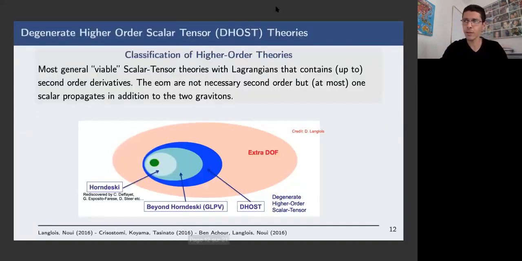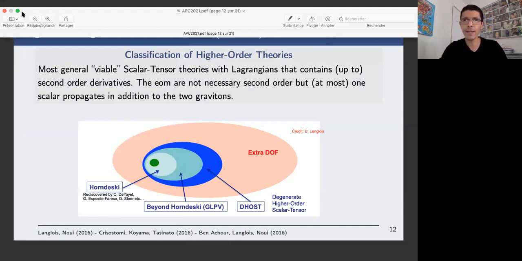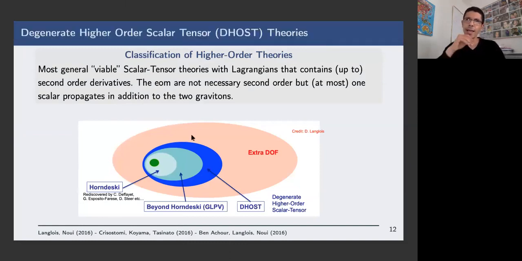So I'm not going to enter into the details because time is running. And just a few words about DHOST theories. DHOST means degenerate higher order scalar tensor theories. And these theories, in fact, to date, provide the most general viable scalar tensor theories where the Lagrangian contains up to second derivatives of the scalar field.